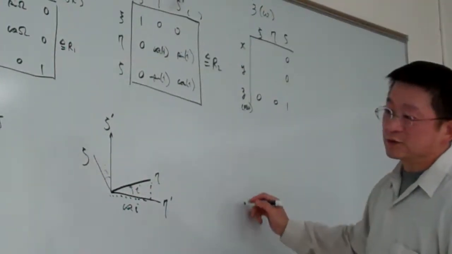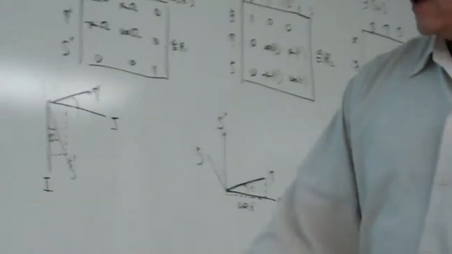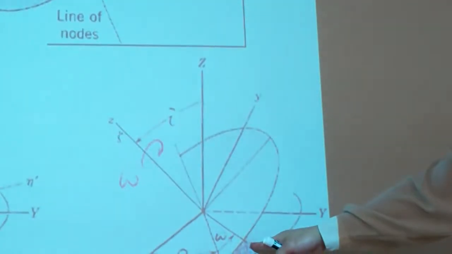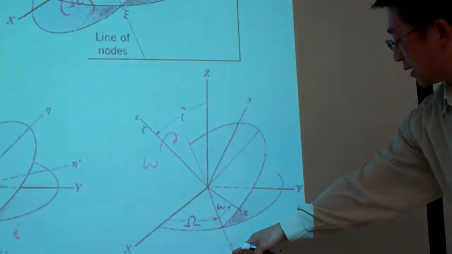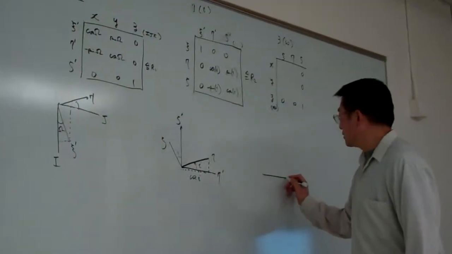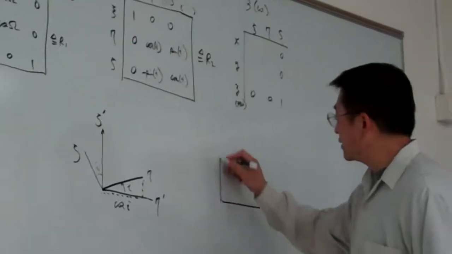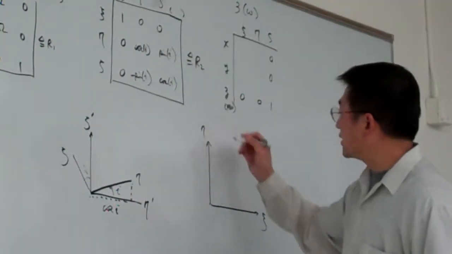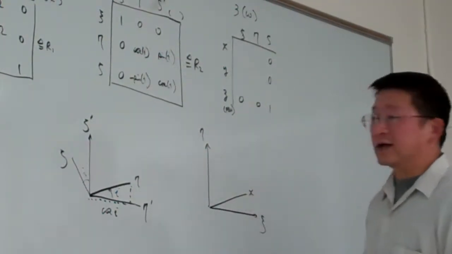Again, let me try to draw this one. This axis we want to express in terms of epsilon and zeta. So this is epsilon, and this is the zeta, and this is our x-axis.